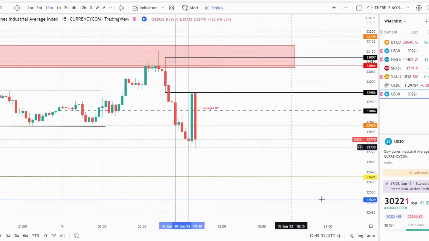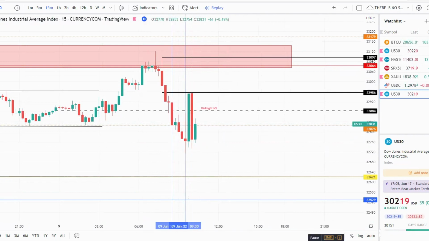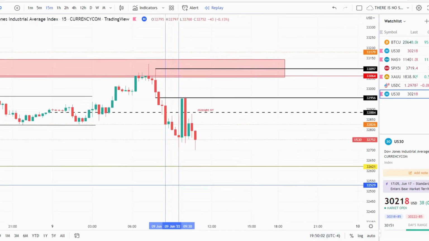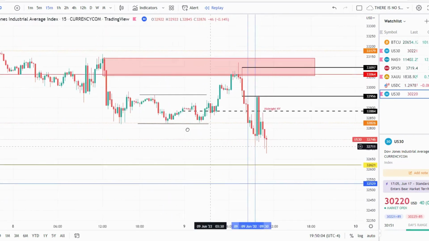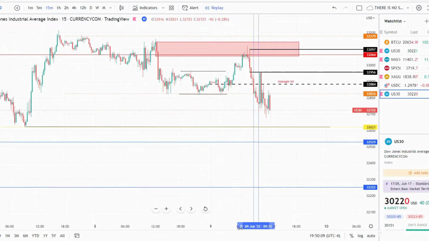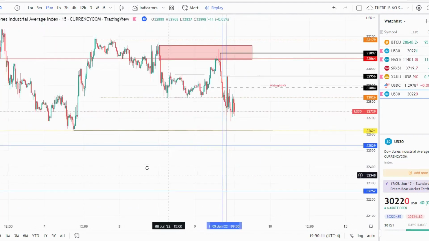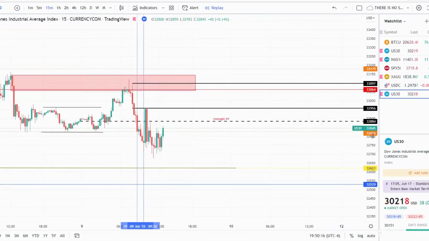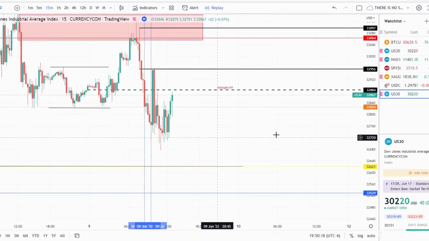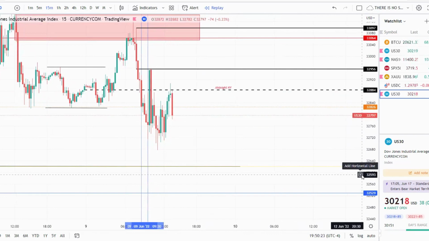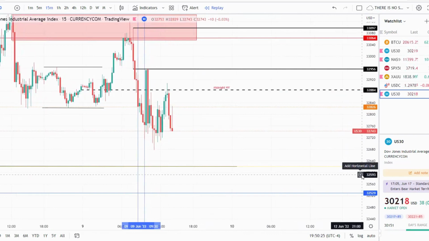The market goes right back up, guys, and it taps into an area, and let's just let it play out. We're just letting it play out.